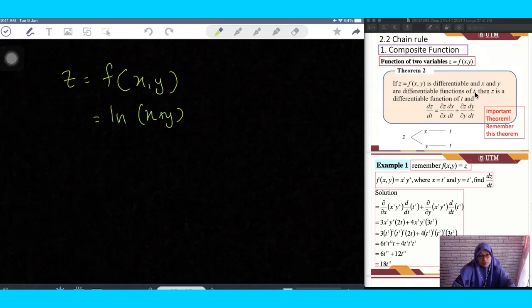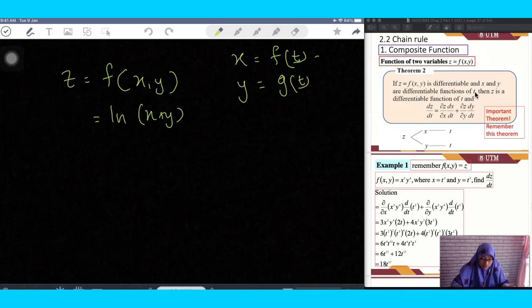But what I'm saying is multiple layers and multiple terms. If z is a function of x and y, but x is a function of the parameter t, and y is also another function in terms of t.